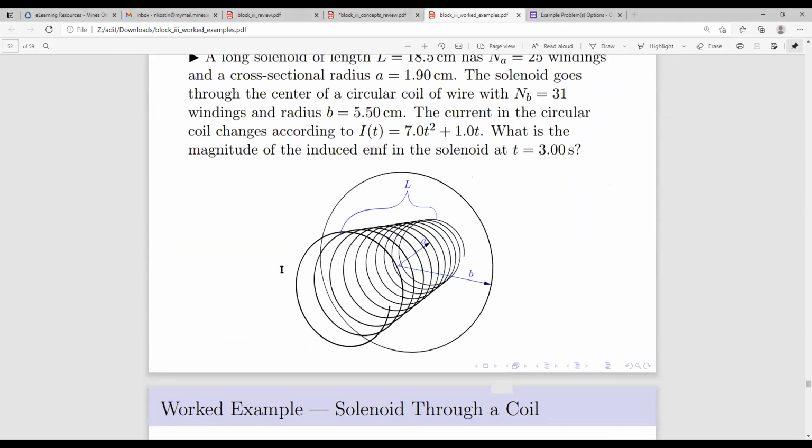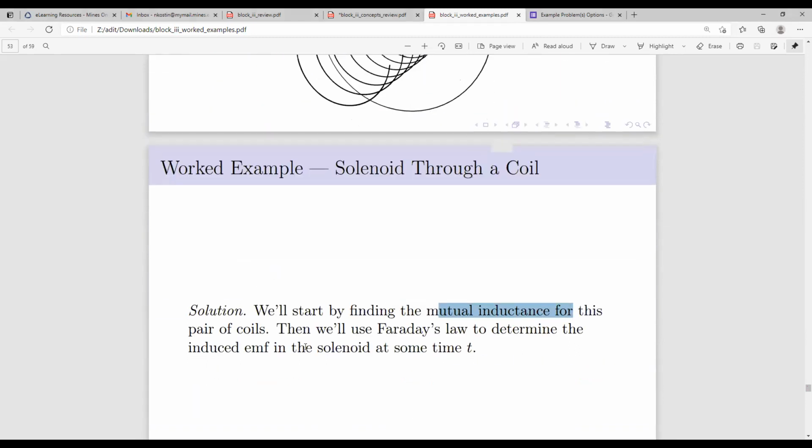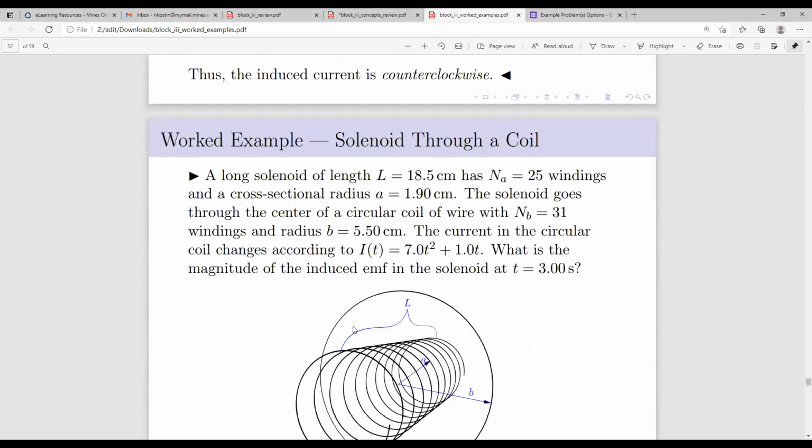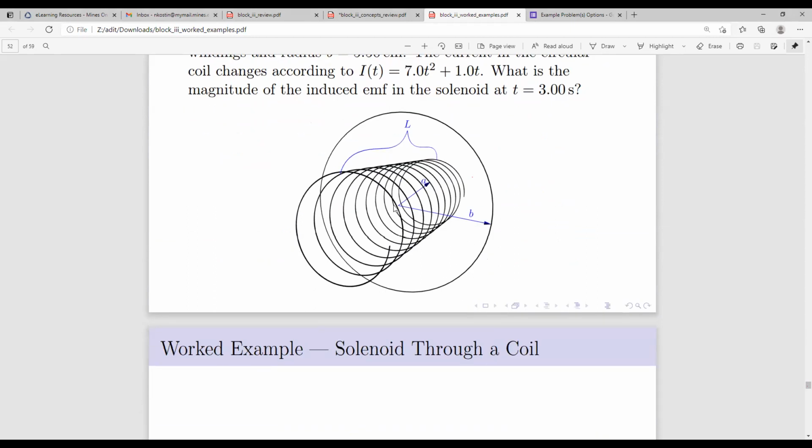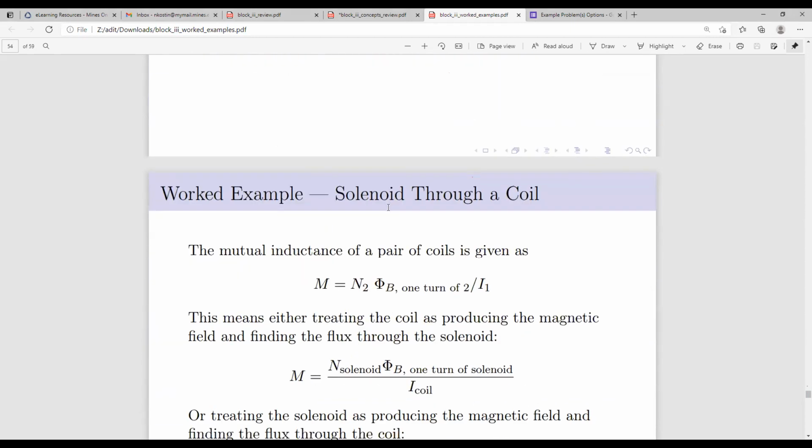And then I can use Faraday's law to determine the induced EMF in the solenoid at some later time t. So again, it's a mutual inductance problem, just because I have two coils, there's nice symmetry between the two. And there's some nice approximations we can make such that I can easily make statements about the flux in one based on what's going on with the current in the other. So let's work through it.